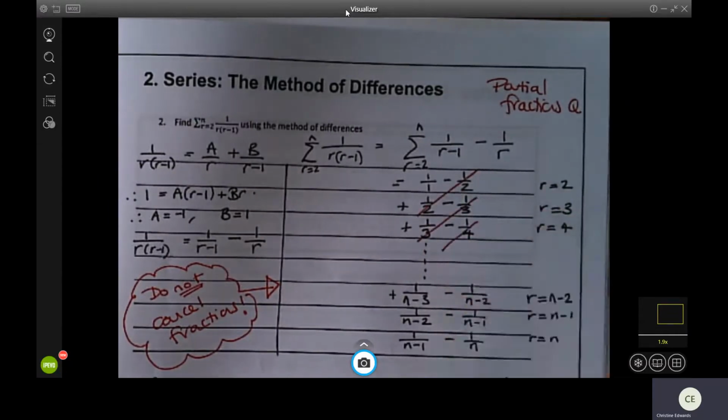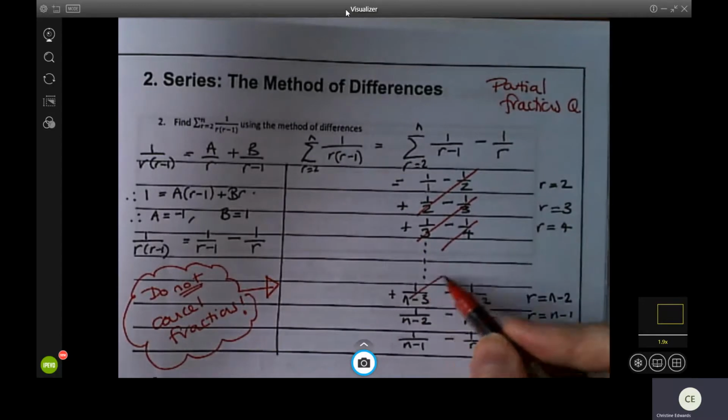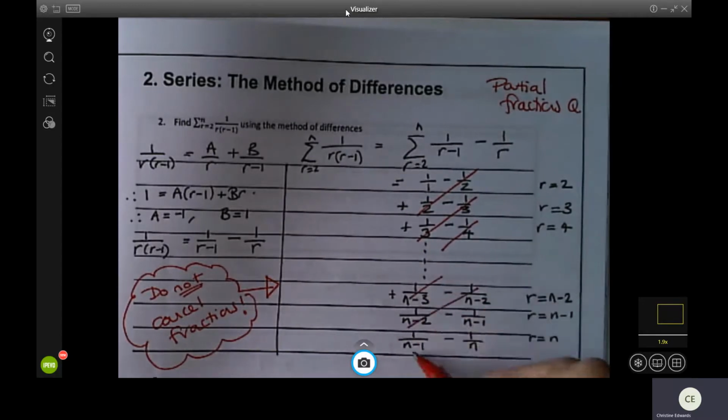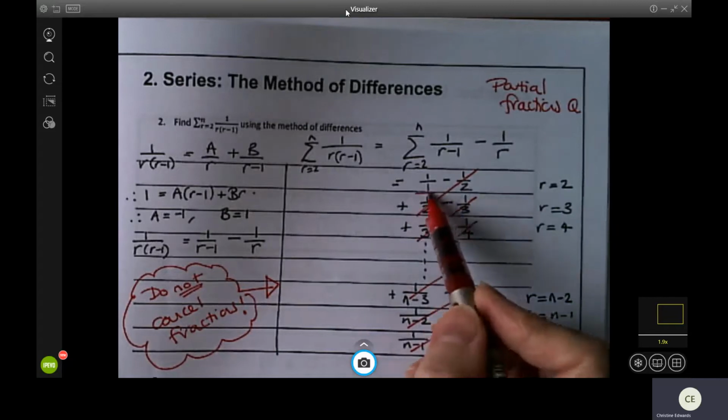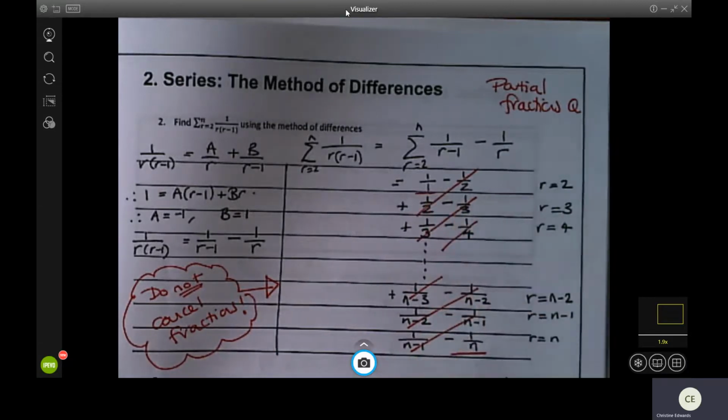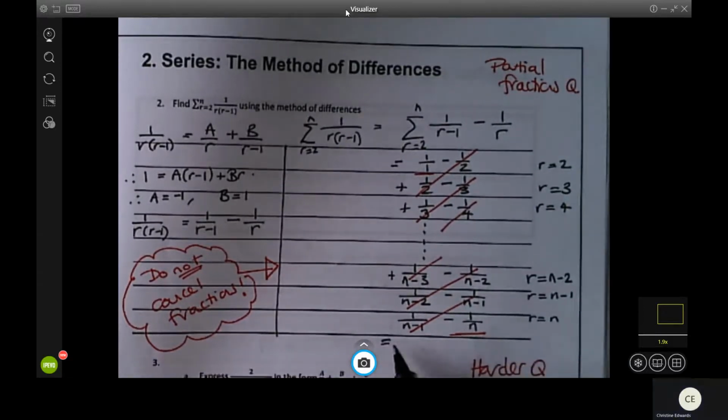That will cancel with one that's missing, ditto that one, continuous line there and there. So you can see that I'm left with this term here and this term at the top. So my overall sum is equal to 1 minus 1 over n.